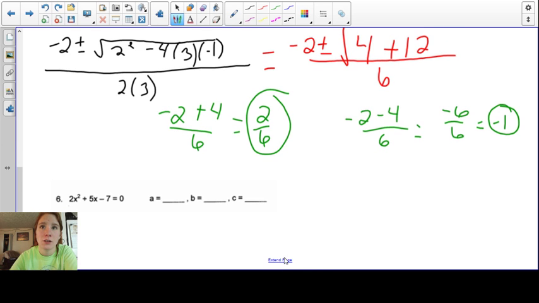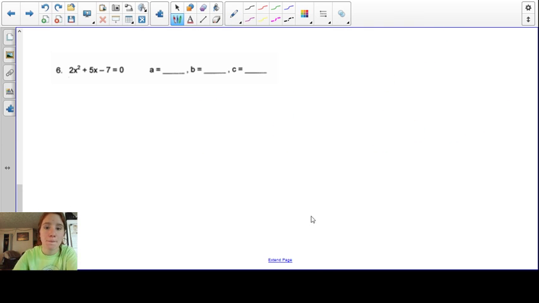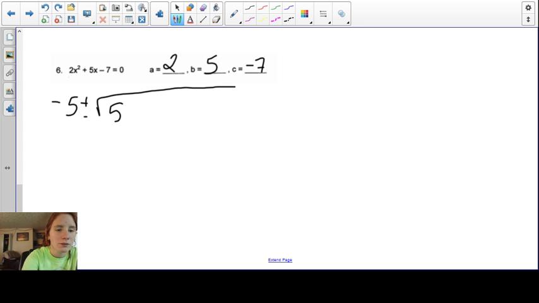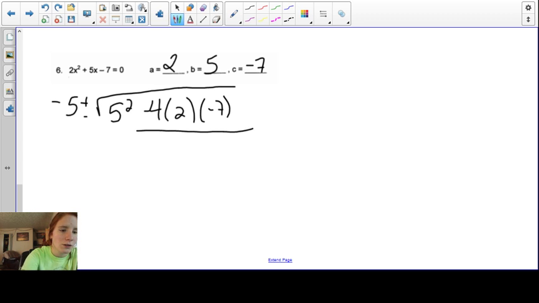I'm going to extend this so you can see the next problem. Okay, A is 2, B is 5, and C is negative 7. I have negative 5 plus or minus the square root of 5 squared minus 4 times 2 times negative 7 all over 2 times 2.